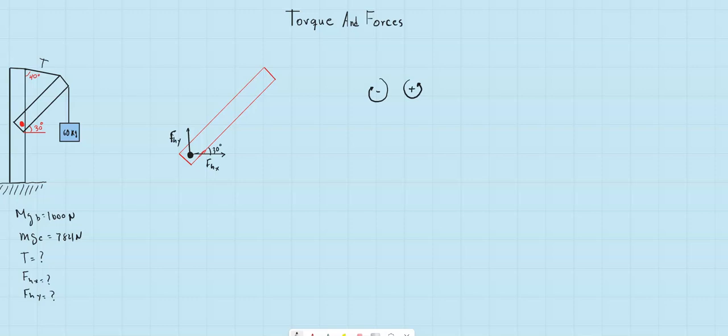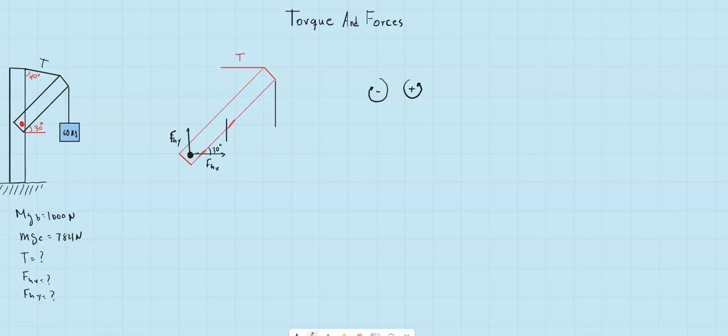So the first thing we want to find is this: I know that we have a weight right here pushing down, and from the center of the beam we also have a force pushing down. We also have a force pulling in this direction, which is our tension.